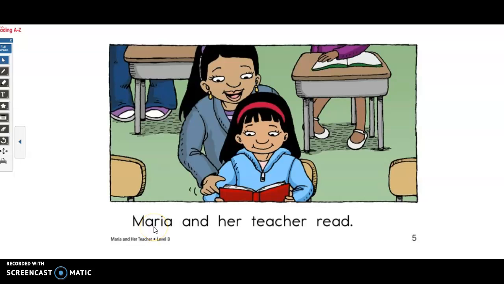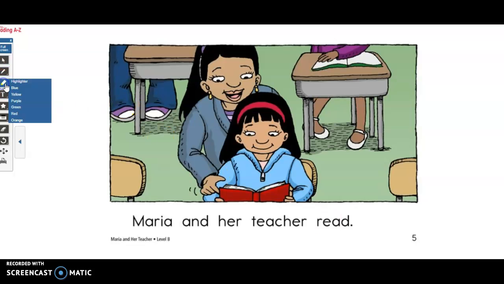I'm going to point. I want to see if you can read. This is a tricky word. So we know Maria, and we learned that this word is her teacher. Maria and her teacher, what are they doing? Could it be read a book? I'm going to clap those words out. Read a book.